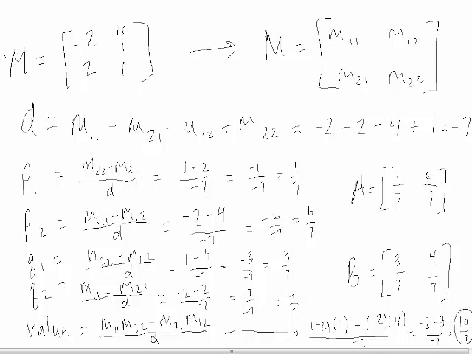So this is not a fair game since the expected value of the game is not 0, and so this game favors player A. They will win 10/7 of a unit or 10/7 of a dollar or whatever the units for the payoff matrix are.